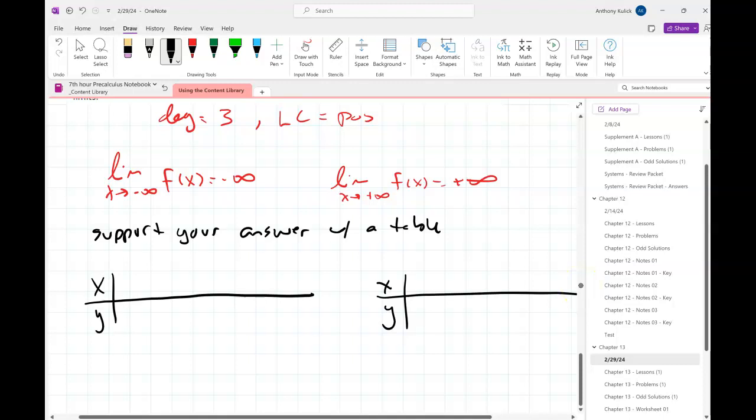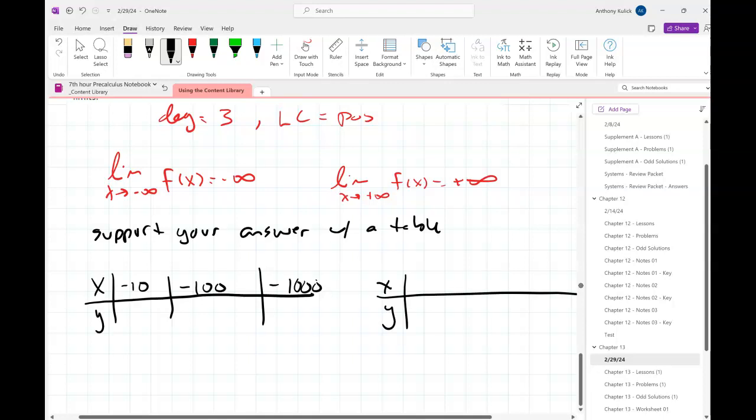So for the left end, I'm going to pick some values for x that get smaller and smaller and smaller, heading towards negative infinity. So maybe -10, -100, and -1,000.